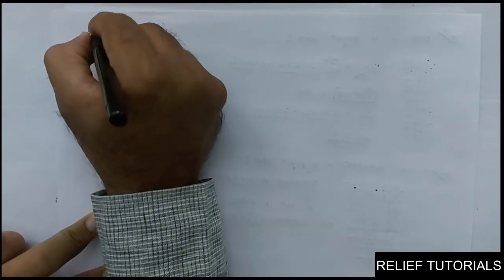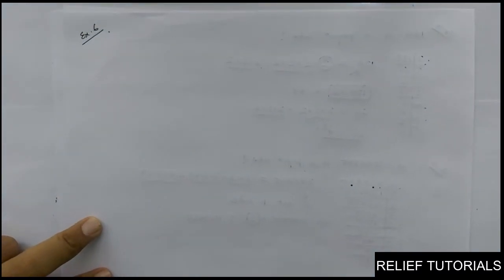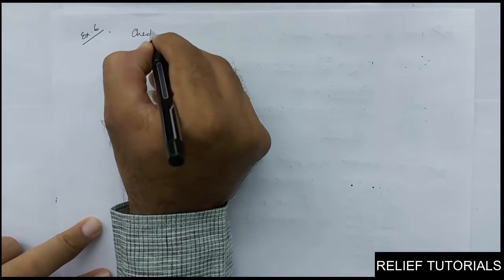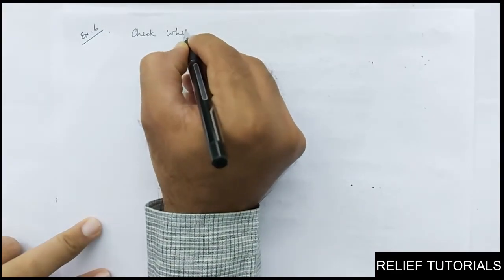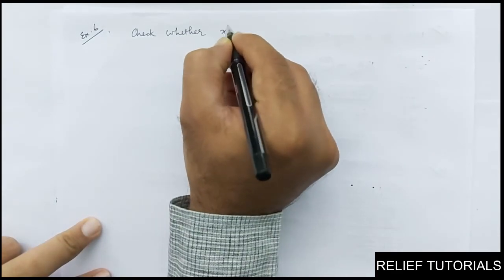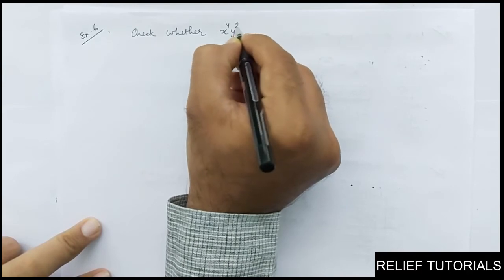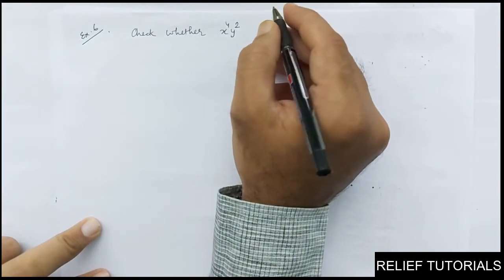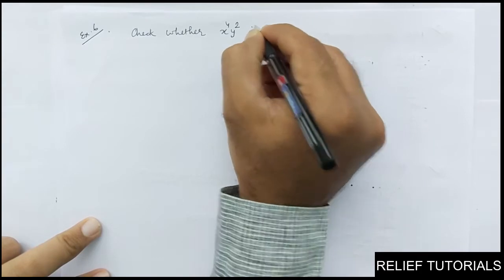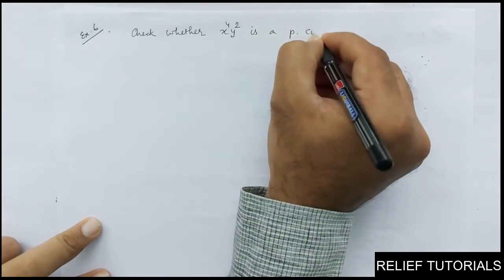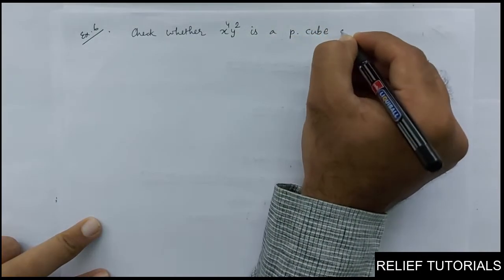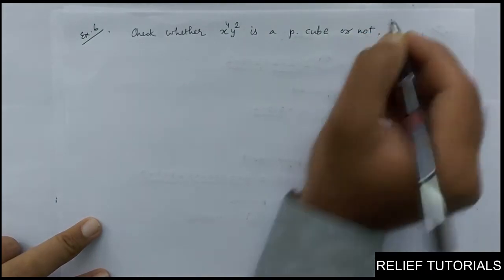Example number 6. Check whether x raised to 4 y square is a perfect cube or not.